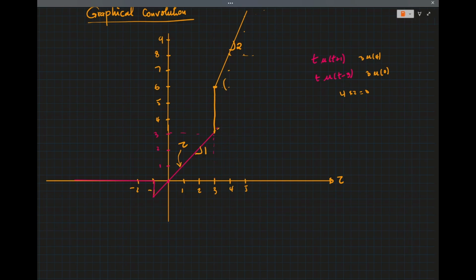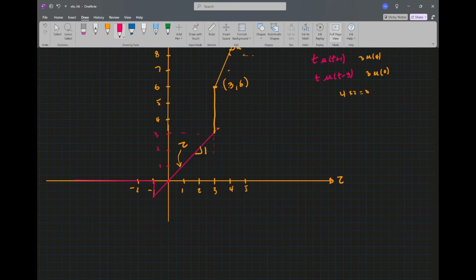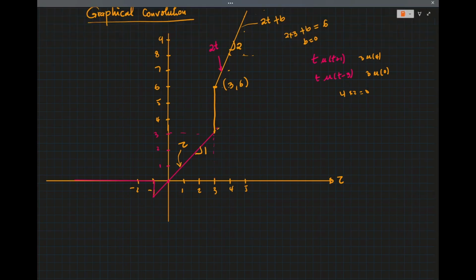This point is 3, 6. We know the slope is 2, so this is going to be 2 tau plus b. Let's find b: 2 times 3 plus b equals 6, so b equals 0. So the equation of this section is 2 tau. The equation of this one is just tau.